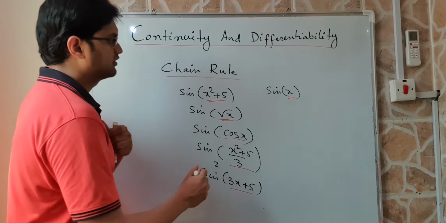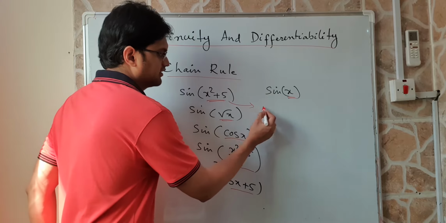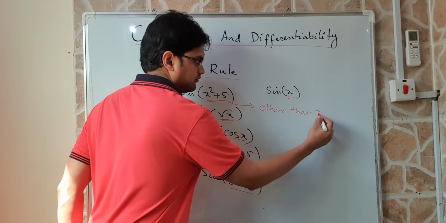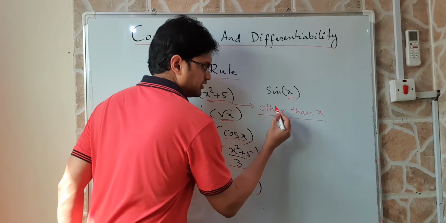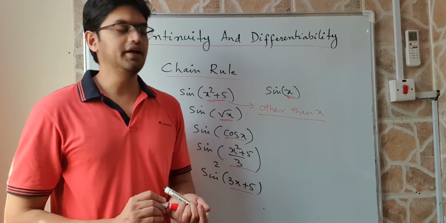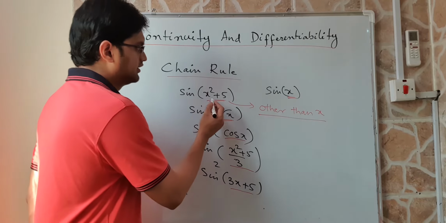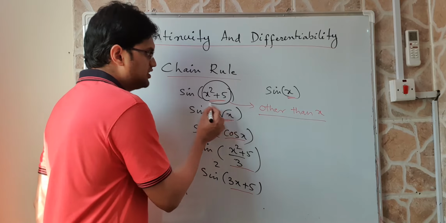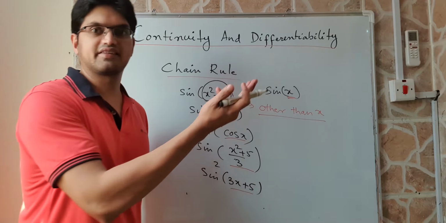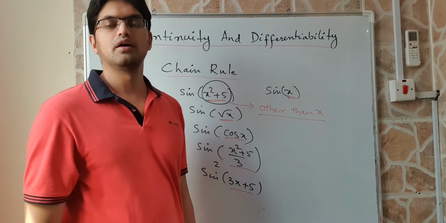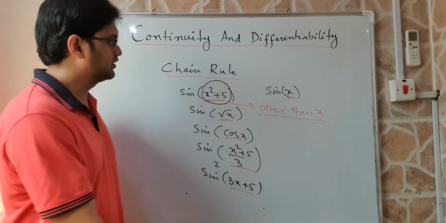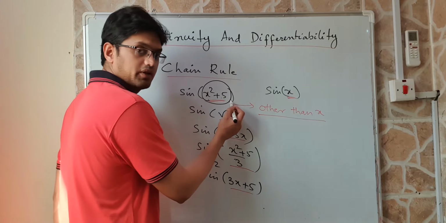This word is something like "other than x". This word is very, very important: other than x. That is, the angle has been changed to something not x, other than x. In that case, we should apply the chain rule. You see, sine of x square plus 5.